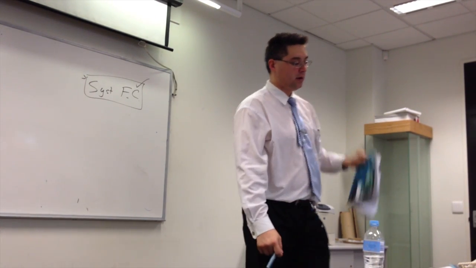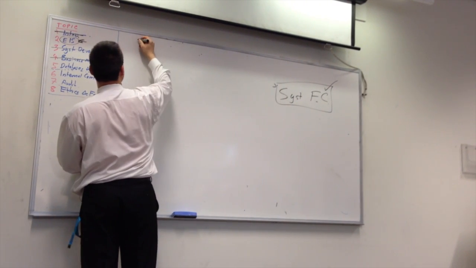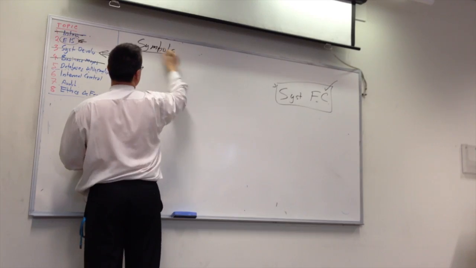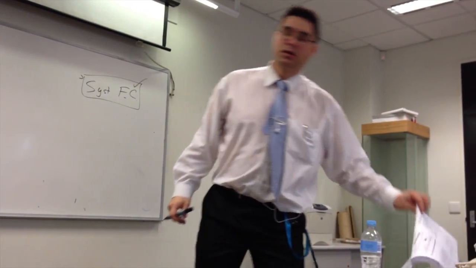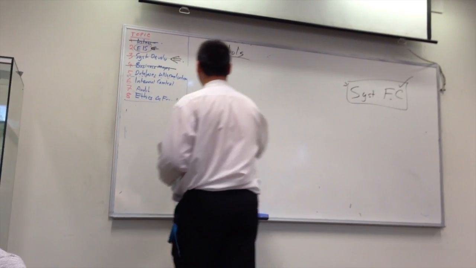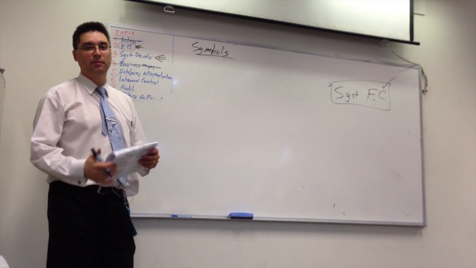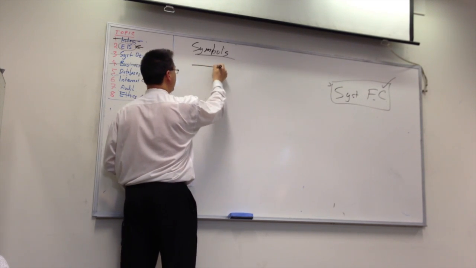All right. The first thing to know about the systems flowchart is that it has more symbols. Okay, and those symbols, you don't need to memorise them because you'll get them in the exam, but you need to know what they mean. For example, what's this one?